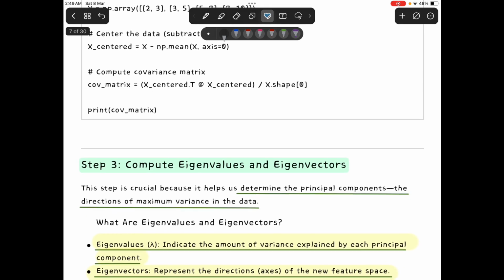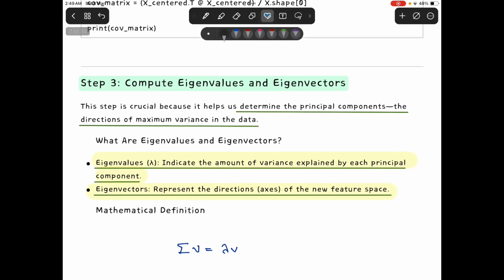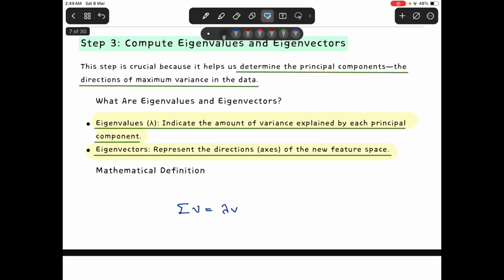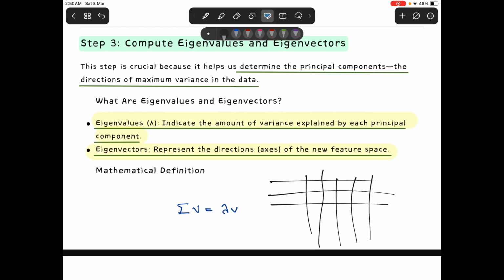So step 3, compute the eigenvalues and eigenvectors. So what are eigenvalues and eigenvectors? Let's understand this with an example. If we are linearly transforming any vector, we know that our normal number line is like this only.